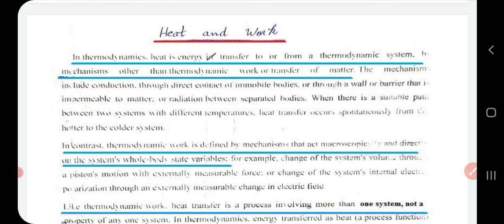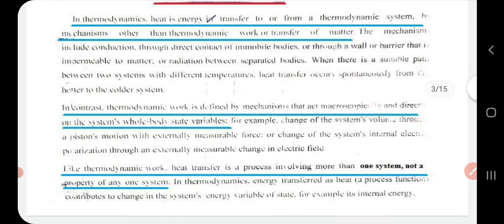So when there is a suitable path between two systems with a different temperature, definitely heat flow occurs from hot body to cold body. Now, in thermodynamics, work is defined as mechanisms that act macroscopically and directly on the system's whole state variables.